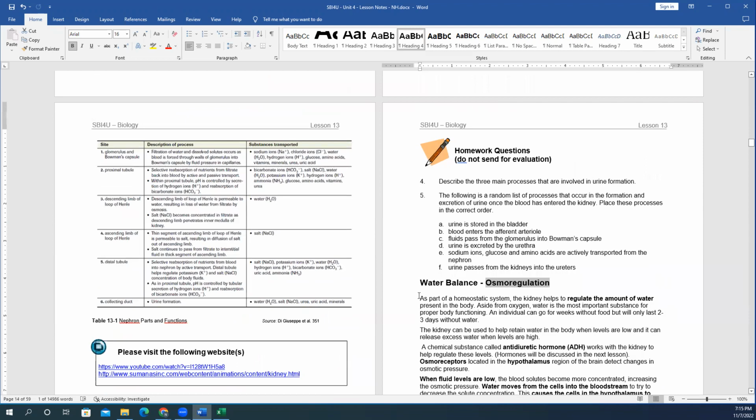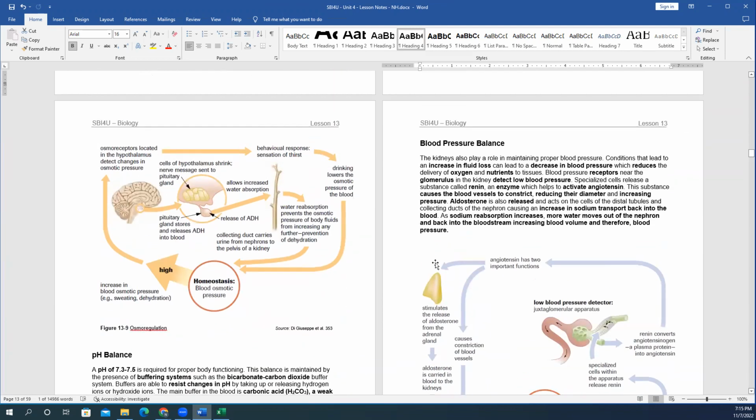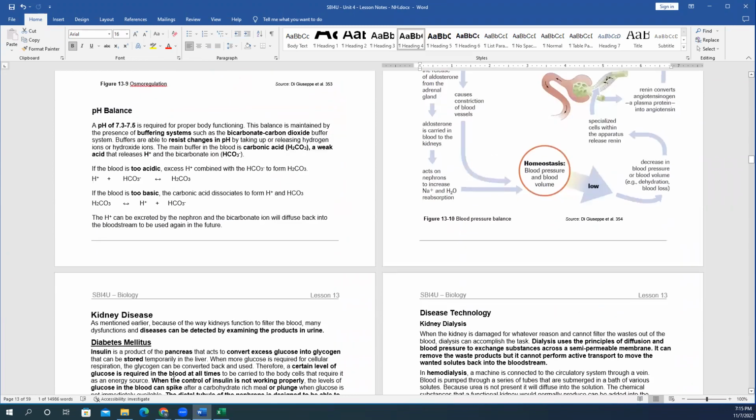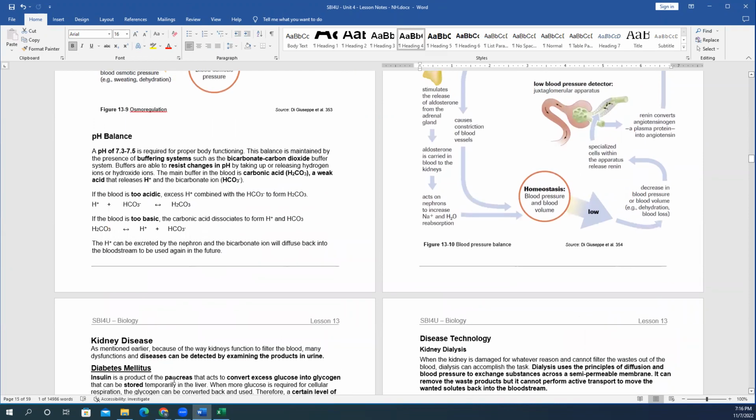So we covered water balance. The other important processes, actually two important processes, blood pressure balance and pH balance, we still need to talk about. Under pH balance, we discussed that there is a pH range somewhere around 7.3 to 7.5 that is required for proper functioning of the body.